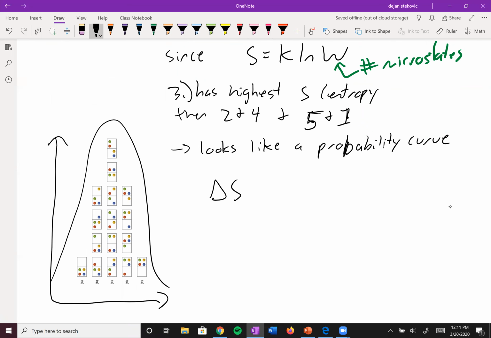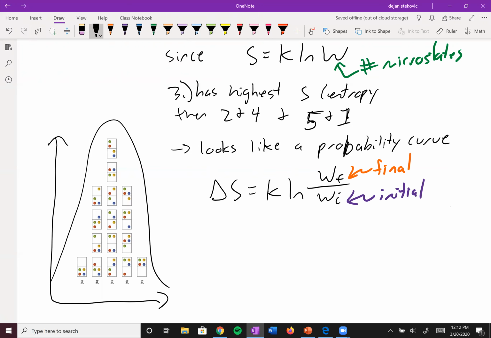So if you're looking at a change of S, you're talking about K ln Wf over Wi, right? Where this is final number of macro states, and then this one is right here, initial.